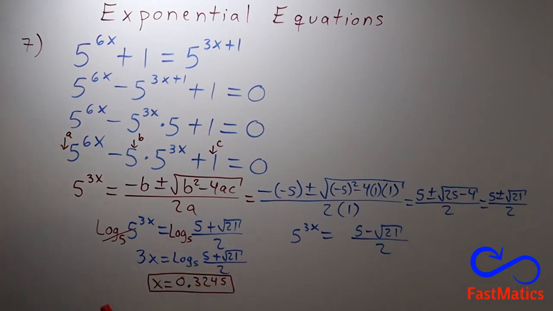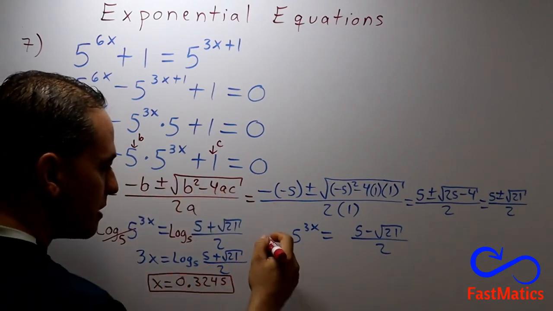Remember that if your calculator doesn't have the logarithm base 5 key, you can take the logarithm of this expression divided by the logarithm of 5, and after that everything divided by 3, and you get that number. And after that we do the same.